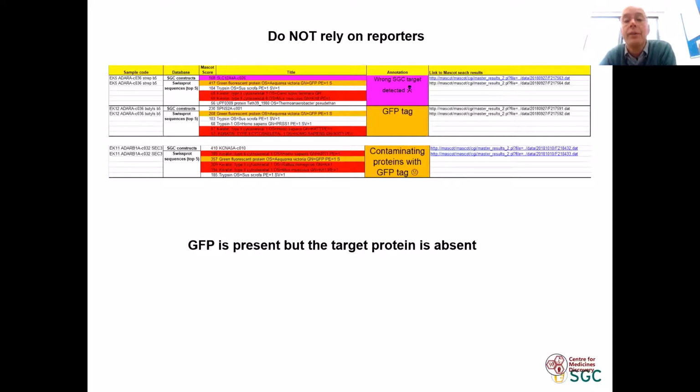That's not the case. I'm showing you two examples of analyses we've done here, like this one in the middle. This is the target protein. Well, they're all the same target. And here we have the presence of the green fluorescent protein, but the target is not present. So what's happened here is the target has been lost from the construct, but we still have GFP.